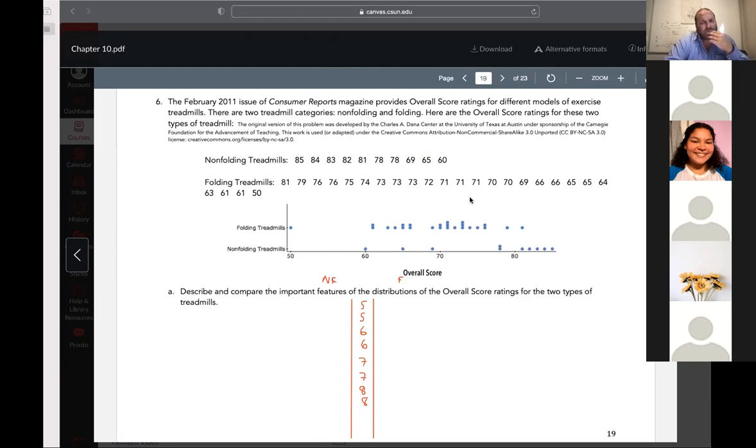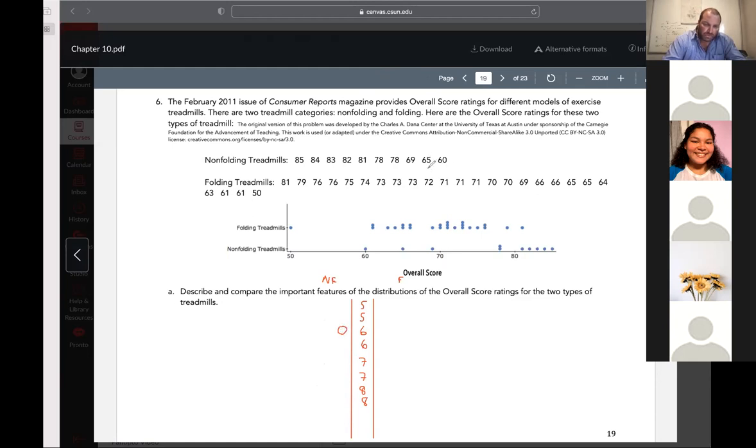So 60 is the smallest number, correct? Going smallest to highest, 60 is the smallest. So what would I put in my stem plot on the non-folding side? A 0, after the 6 on the non-folding side. Which 6? There's two of them. The first one. Okay. The next lowest is 65.